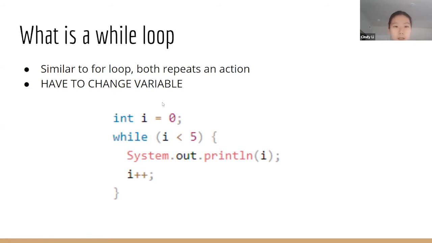The defining of the variable is outside of the brackets, in an earlier line, and the iteration, the quote-unquote change in variable, is actually inside the brackets, but outside of the little parentheses. So that's one of the main differences between while loop and for loop, the format.